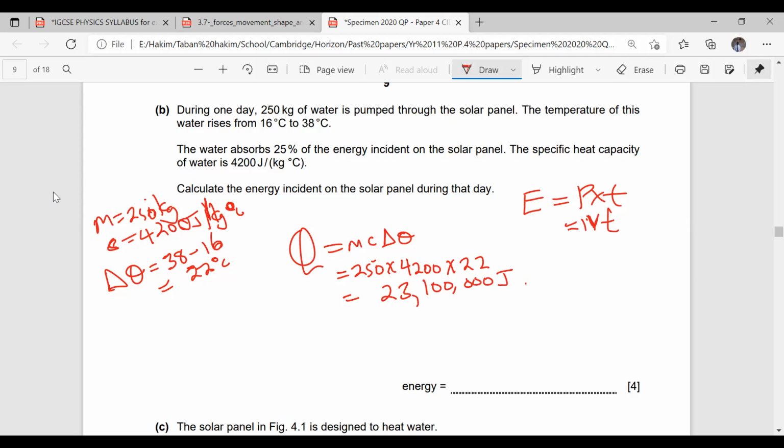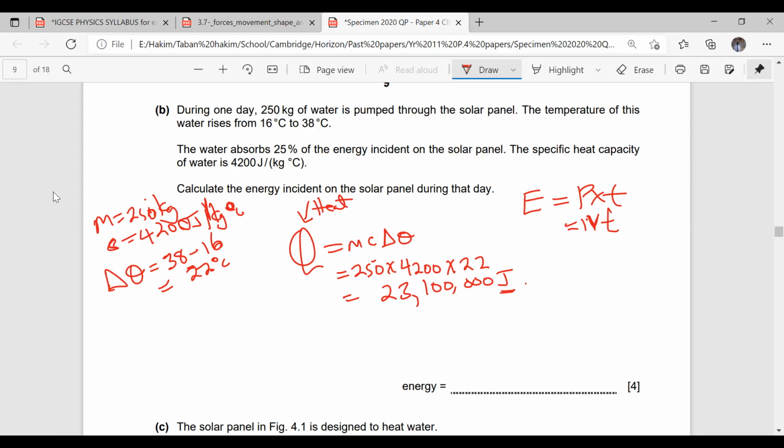So, sir, it will be 23. No, let me just leave it like that. Or you can say 23,100 megajoules per kilogram per degree Celsius. No, we're calculating heat, so it is measured in joules.